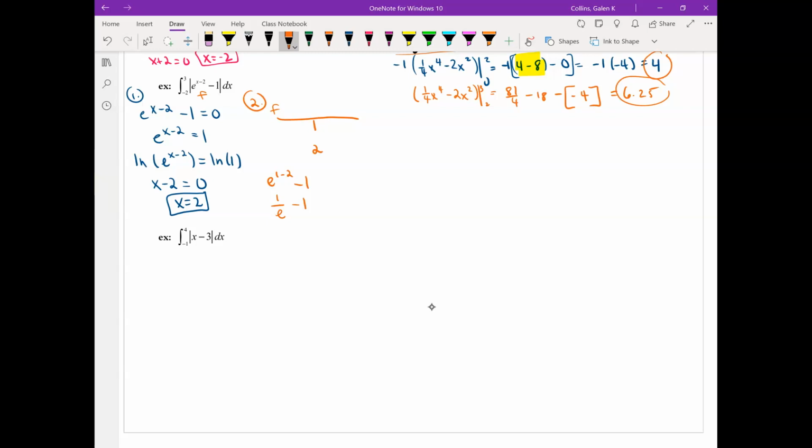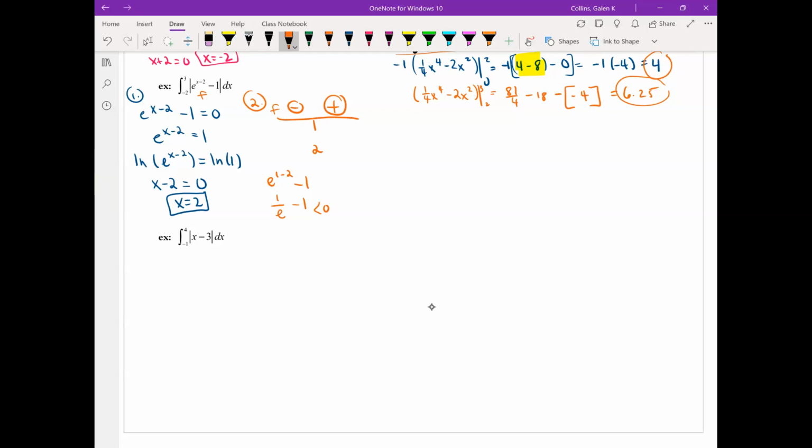And 1 over e, that's 1 over 2.7 and some change, so that's going to be a negative number. And then if I plug in, say, a 3, I get a positive number. E minus 1 is positive because e is about 2.7.